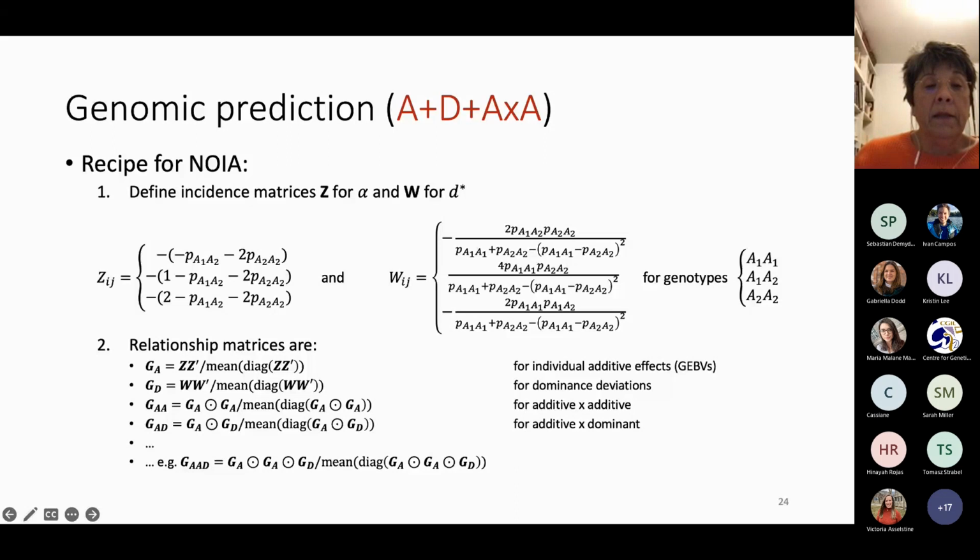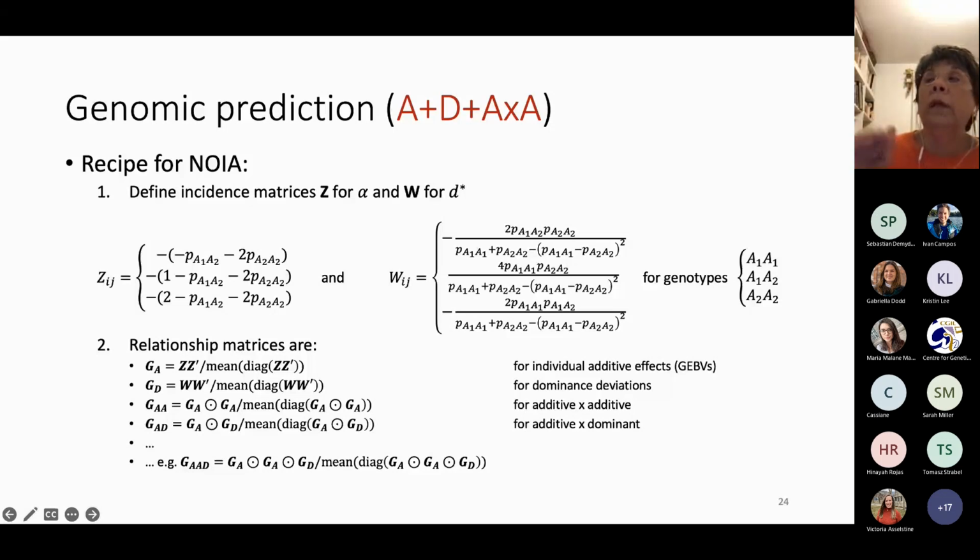You use the incidence matrix S for the additive relationship matrix, and for the dominance you use W. When you have to define the epistatic additive by additive relationship matrix, you use a Hadamard product of the genomic additive relationship matrix with itself.